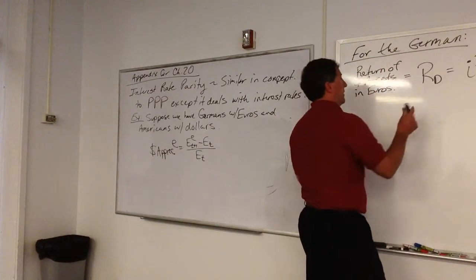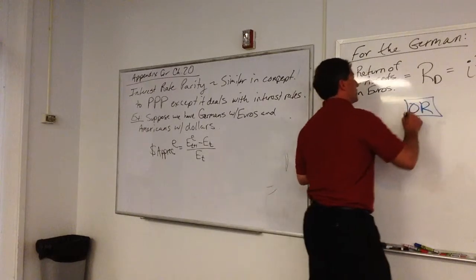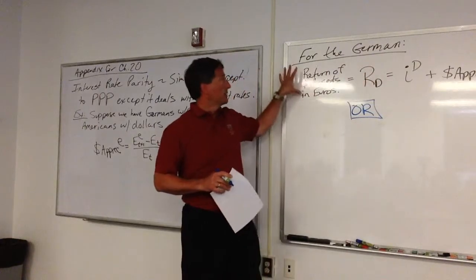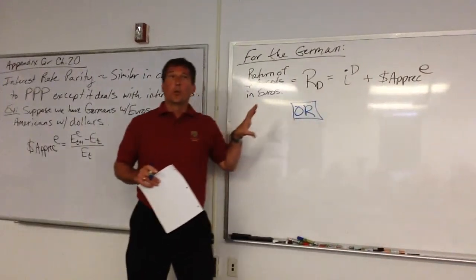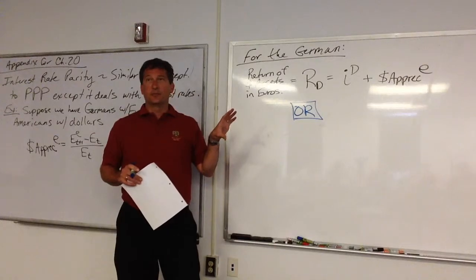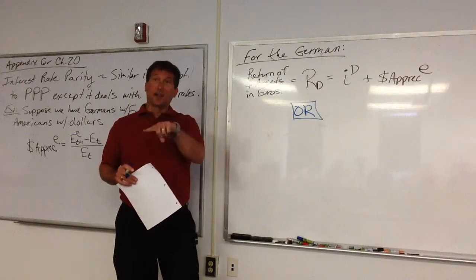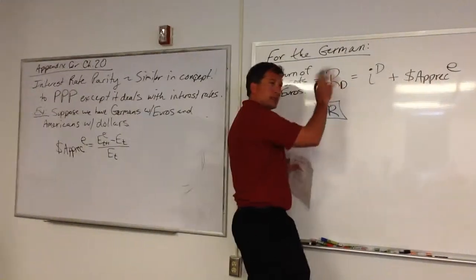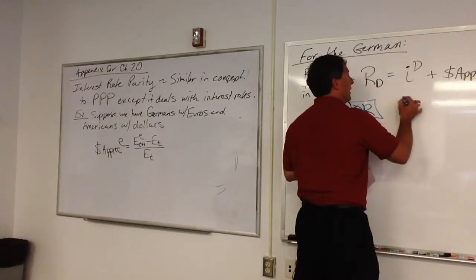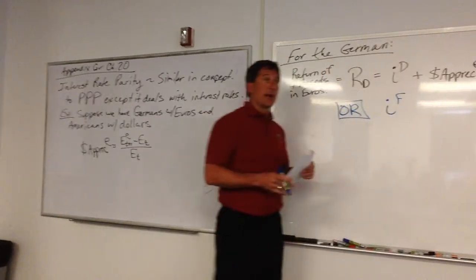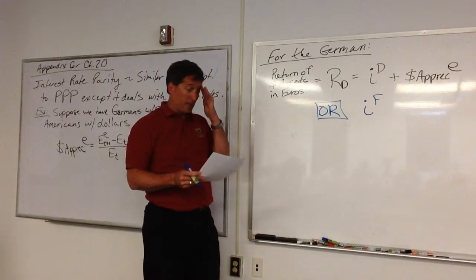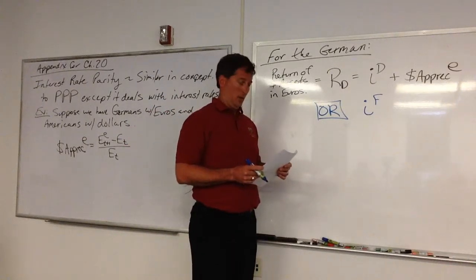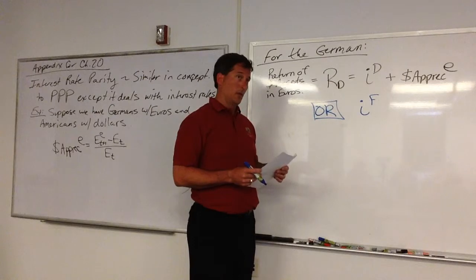Or, what else could the German do? So this is one option, to look at dollar assets. What else could the German do? Assets of their country, right? So we could look at the foreign interest rate. We're really just assuming the world's got two parties here. So we've got the interest rate on foreign assets, the way we've been doing the notation. Never mind, I was thinking this would be domestic for the German, right?